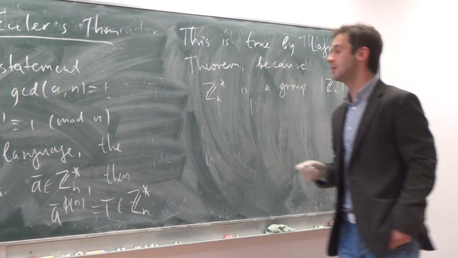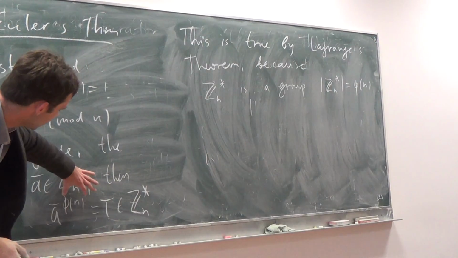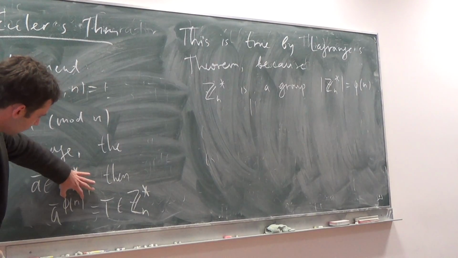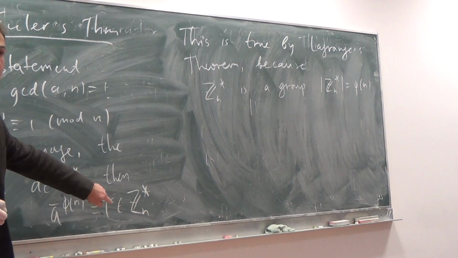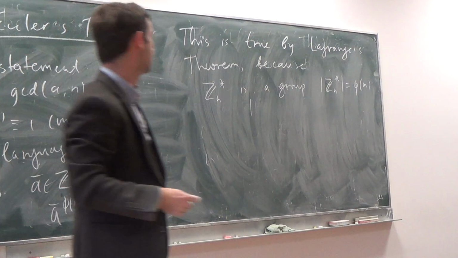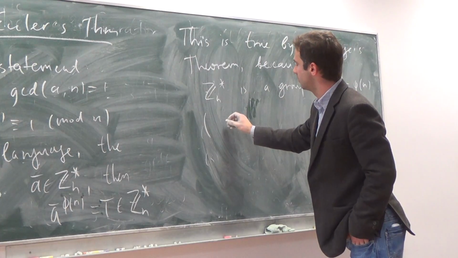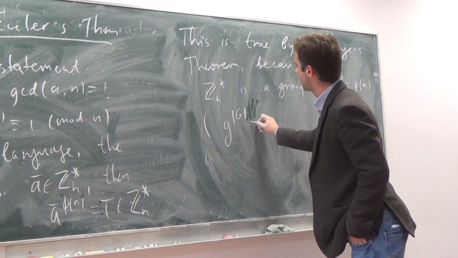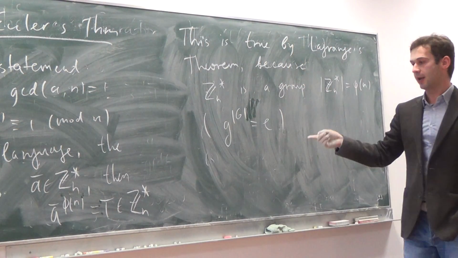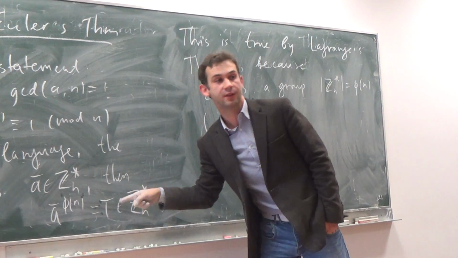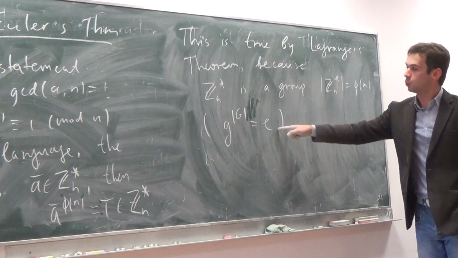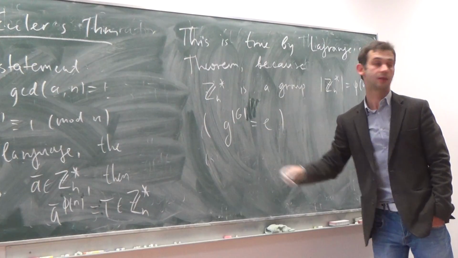And one of the statements in Lagrange's theorem was that taking the order of the group as an exponent will give a neutral element, which is 1. So the statement was that g to this power is the neutral element. And here is how it looks in this case. This is 1, this is phi of n, and this is a bar.